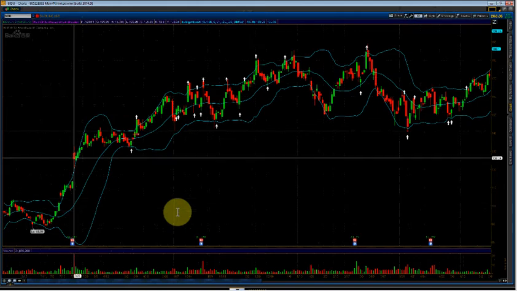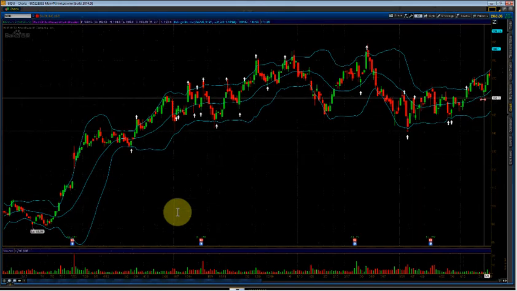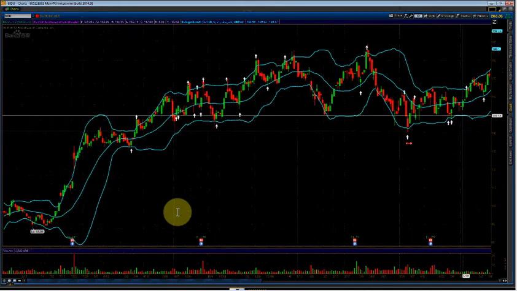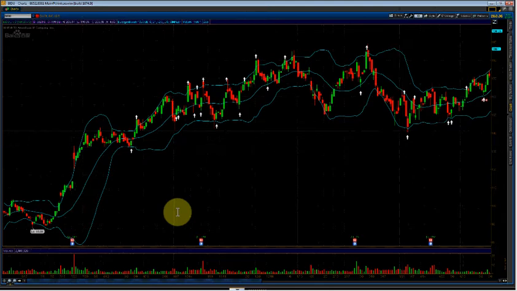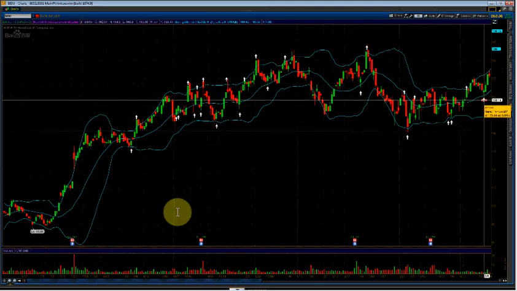But I make a heck of a lot more trades than I do investments. Now, based on everything we've gone through so far, would I have bought right here? Would I have bought right here? Why not?